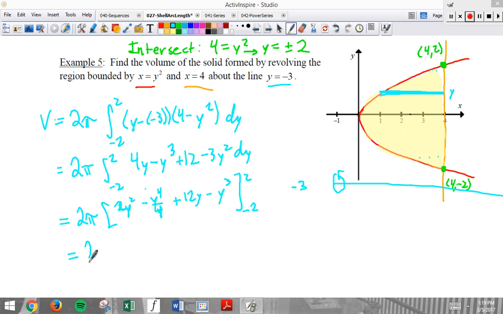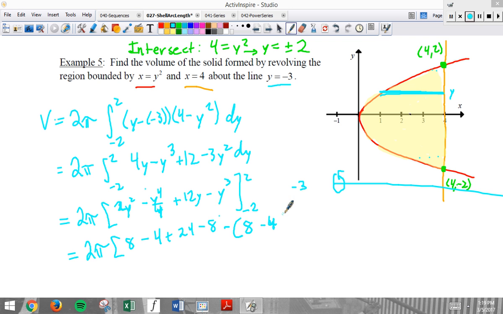In this case, you have to plug everything in, people. 2 times 2 squared, 8. Minus 16 over 4, plus 24, minus 8, minus all, parentheses, negative 2. Even exponents, still getting 8. Even exponents, still getting 4. Negative 4.